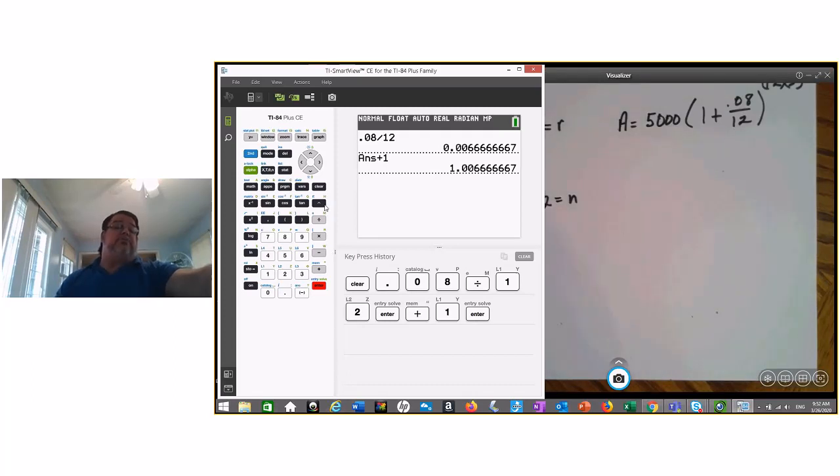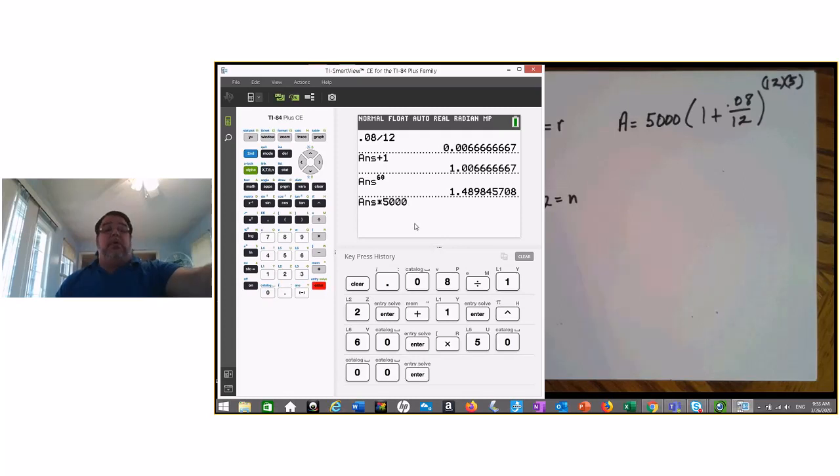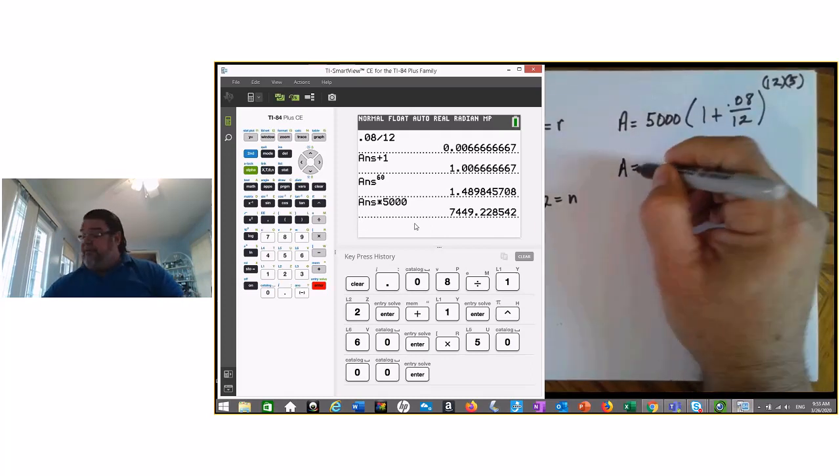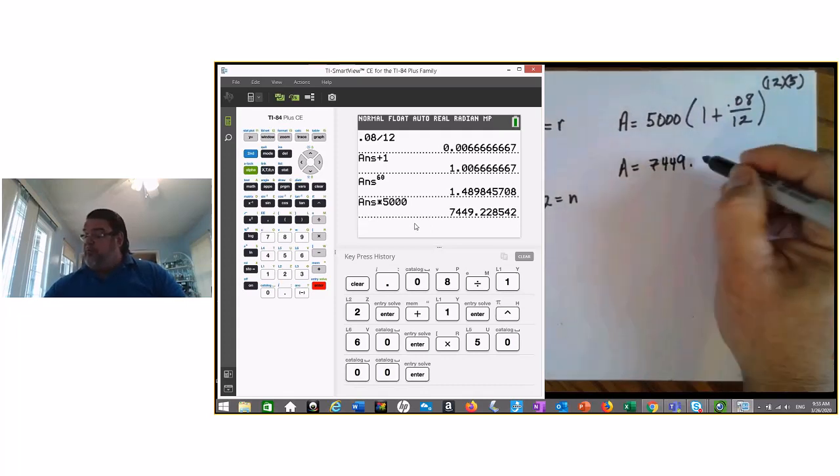X to the Y, that's the caret symbol. 60th or 12, you punch in parentheses, 12 times 5, close parentheses if you want to. Enter. And times 5,000. So at the end of 5 years, you're going to have $7,449.23 in the bank.